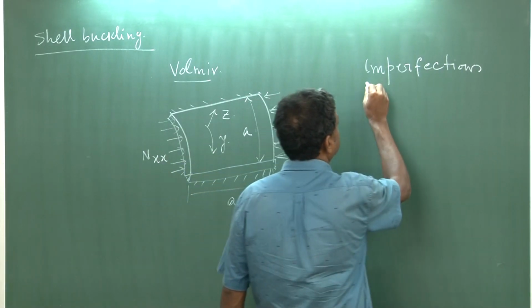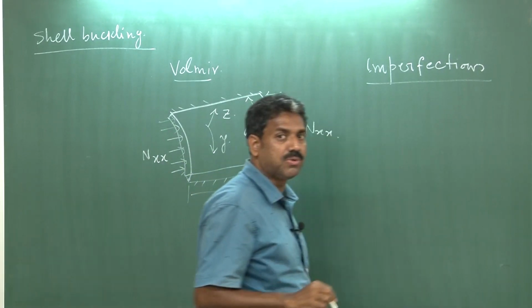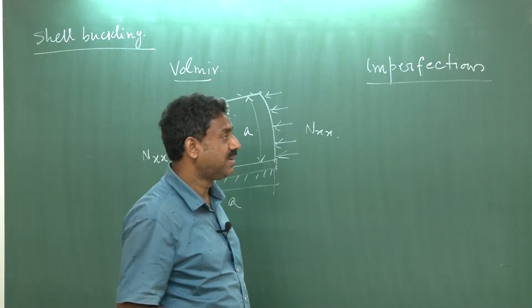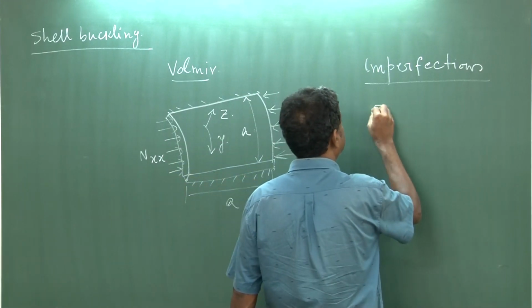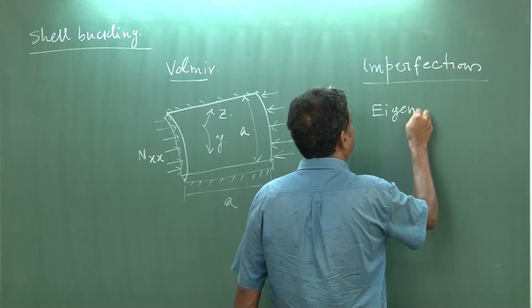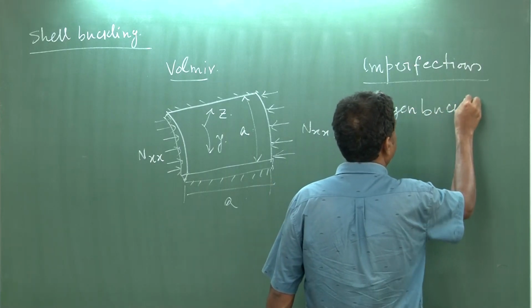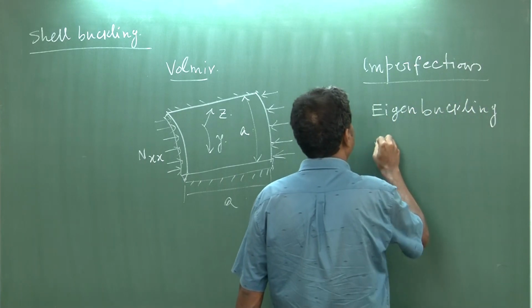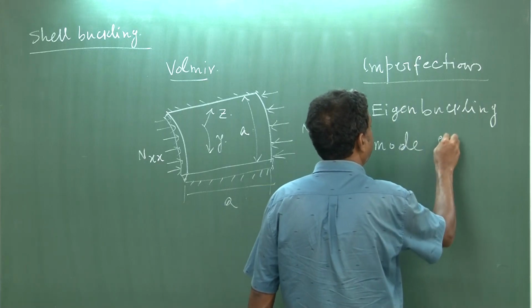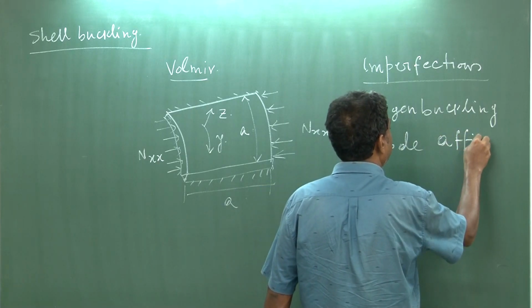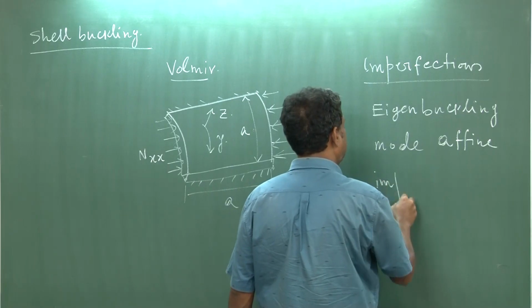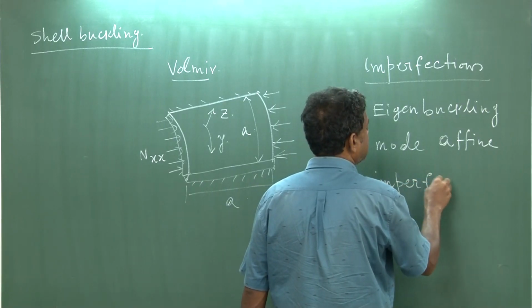The kind of imperfection that we are going to assume is similar to the eigen buckling mode, a fine imperfection, except they differ by a scaling factor.